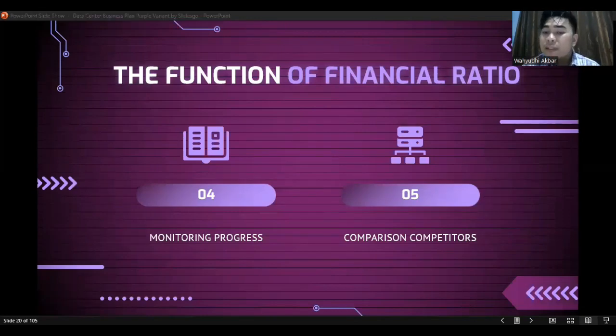Financial ratios are also used to monitor a company's development over time. By comparing the ratios from period to period, you can see whether the company's financial condition is improving, deteriorating, or remaining stable.